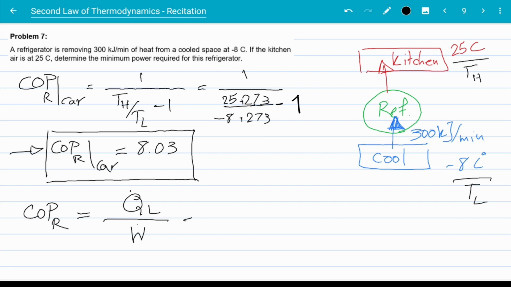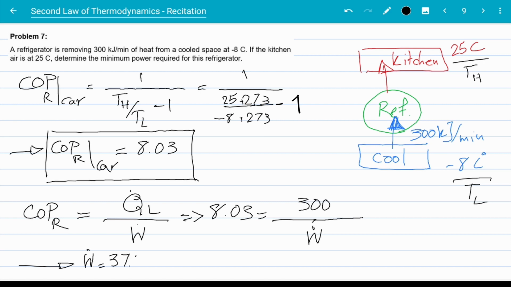So I can say 8.03 is, problem says it is taking 300 kilojoules per minute, I'm going to put 300 here and then solve for W dot. Now, if you do that, you get that W dot is 37.36 kilojoules per minute.